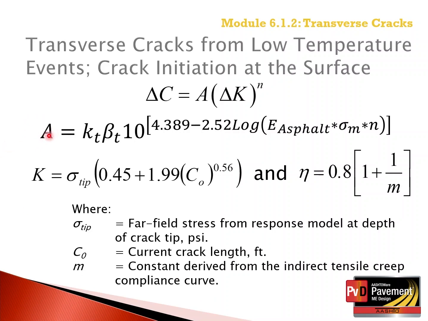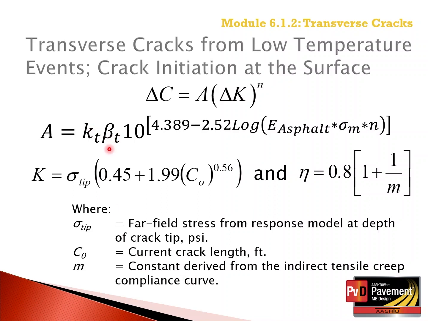And A of the fracture mechanics parameter was previously defined, but is a function of the stiffness of the asphalt, the indirect tensile strength of the mix, and N, which is a function of the indirect tensile creep compliance curve.